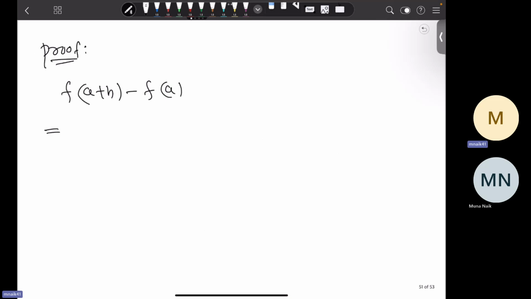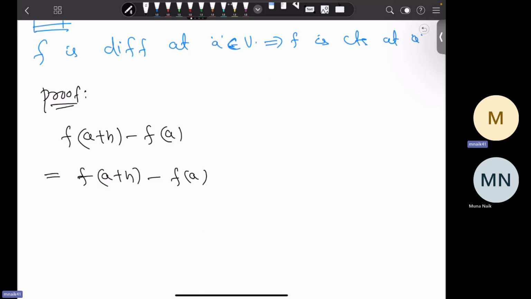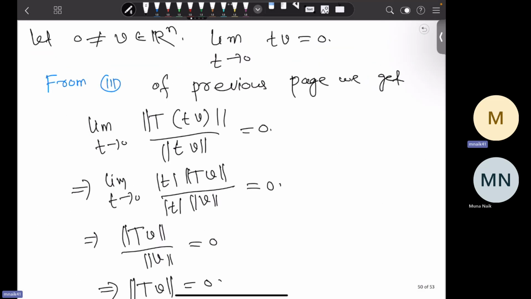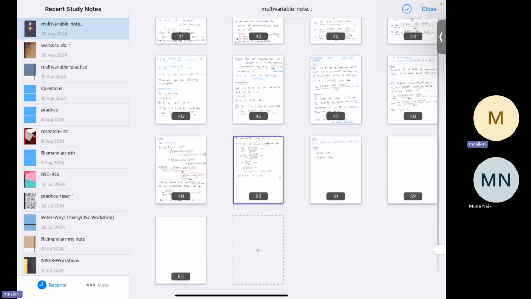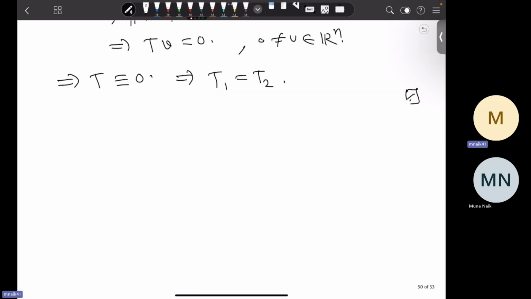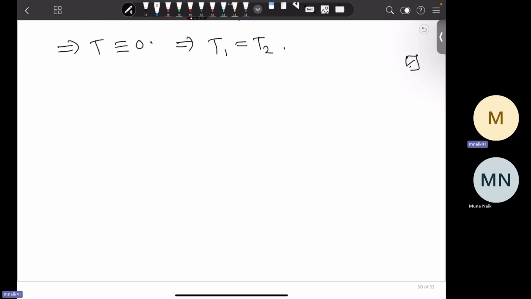Okay, before that I forgot to tell you one thing, so let us hold this for a moment. Suppose f is differentiable at a.